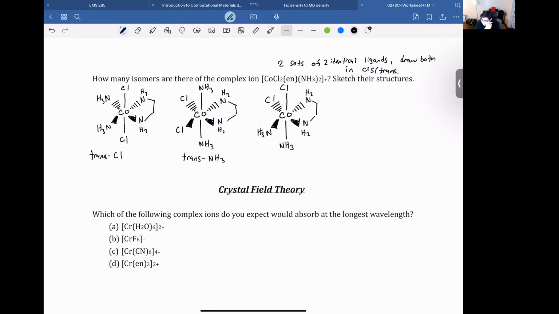Like that. Now notice that both the amine and the chlorine is cis. Now, something I should also note on these other ones is that we can distinguish these. The Cl's are trans here, but the NH3s are cis.